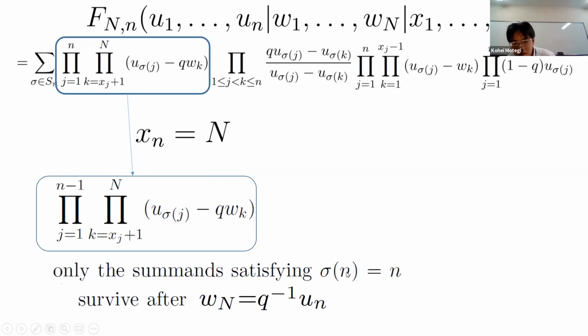If sigma n is not equal to small n, then due to this factor, the summands vanish. So you only have to consider the case when sigma n is equal to small n.